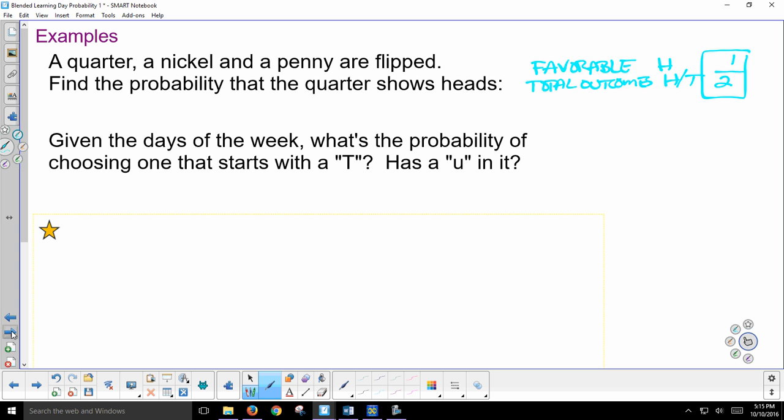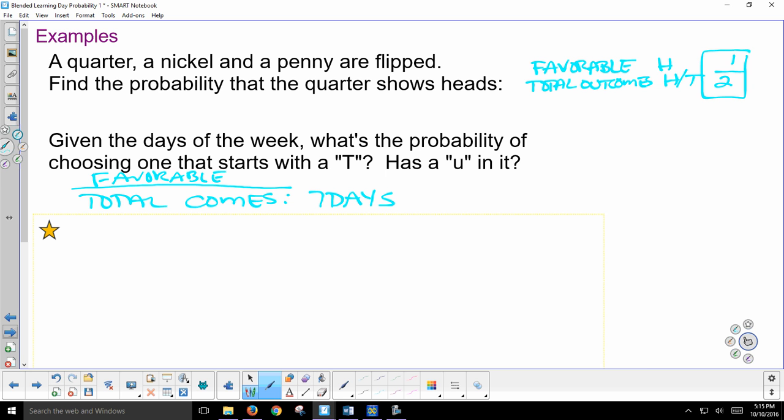The next example says, given the days of the week, what's the probability of choosing one that starts with a T? Well, let's talk about our sample space, our total outcomes. There are 7 days in the week, right? And in our fraction, we want our favorable outcomes on top.